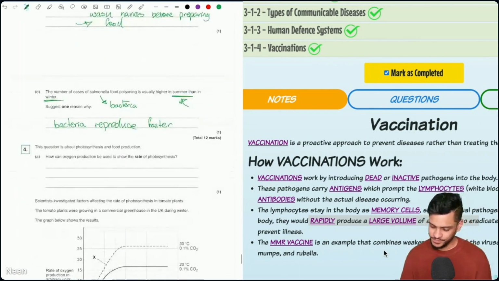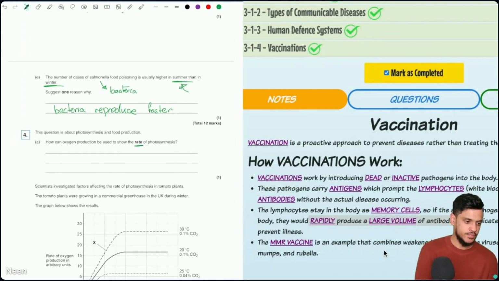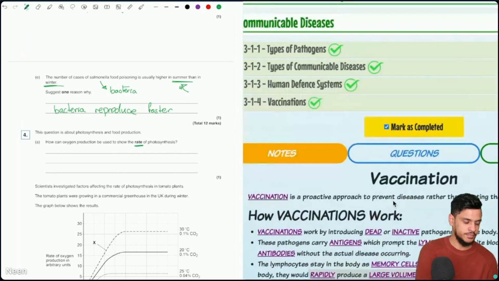But yeah. Well done. This question is about photosynthesis and food production. How can oxygen production be used to show the rate of photosynthesis? Important word there, rate. So remember, equation for photosynthesis.